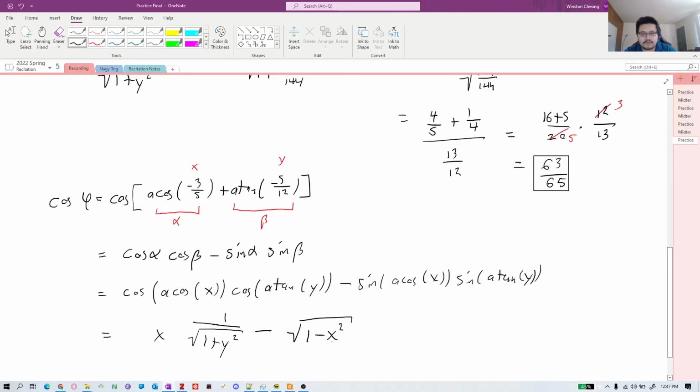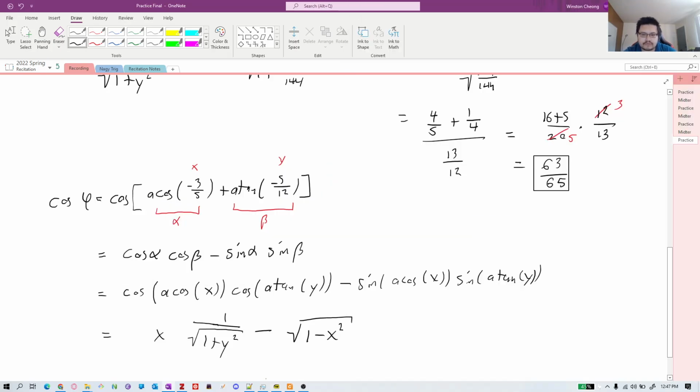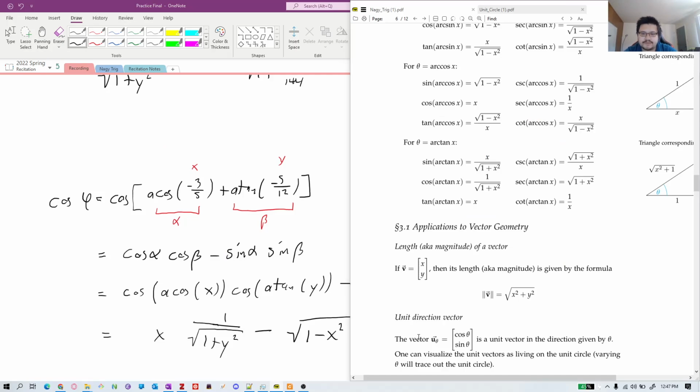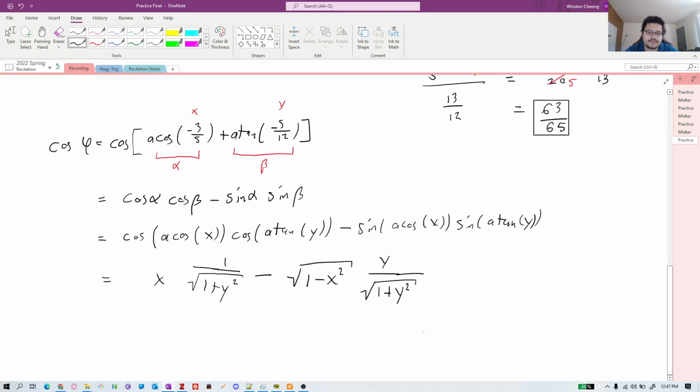Good. And then sine of arctangent of y. Sine of arctangent of y is this one. So y over the square root of 1 minus, is it minus or plus? It's plus. Okay. Plus, I should have known. Plus y squared in a square root. Right. So this is the abstract expression. And, well, we do actually still have a common denominator, so maybe it wasn't too bad to do this.